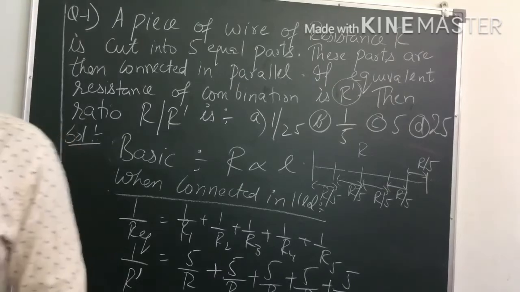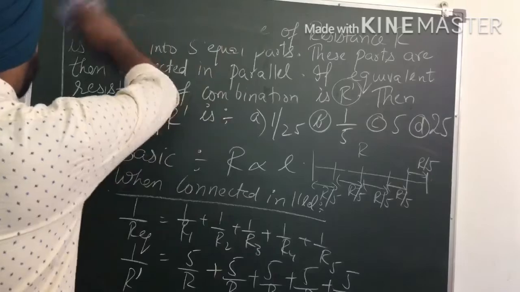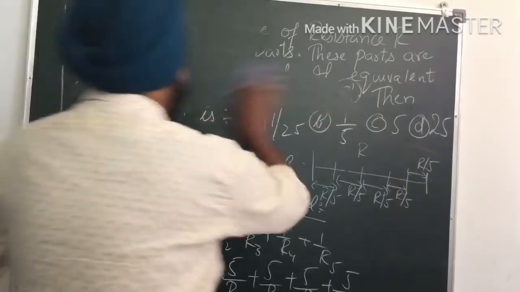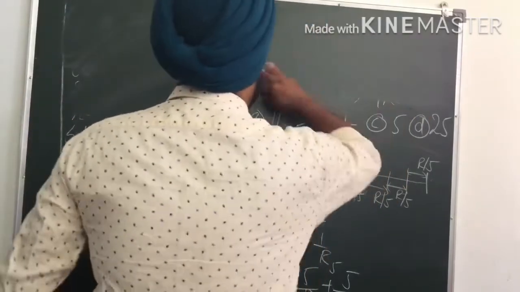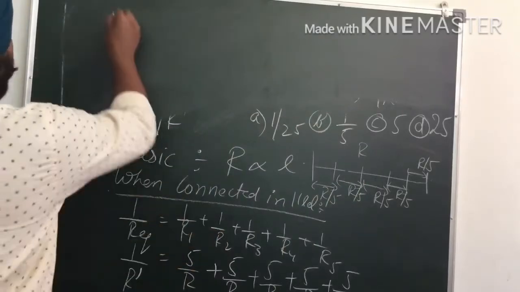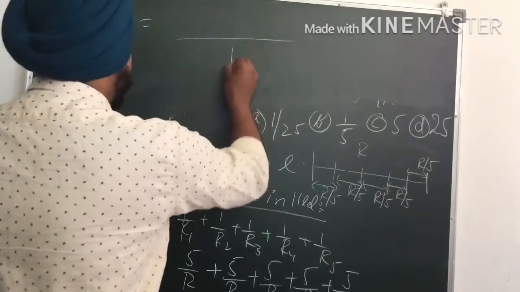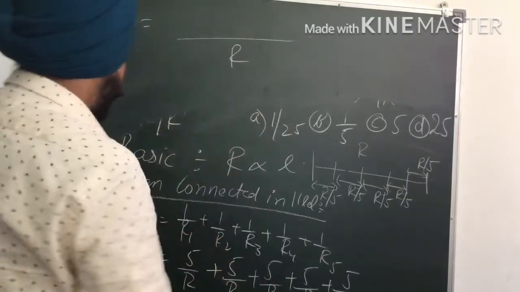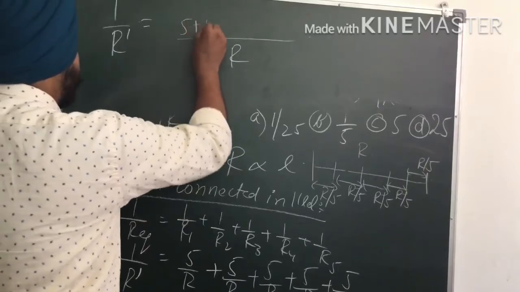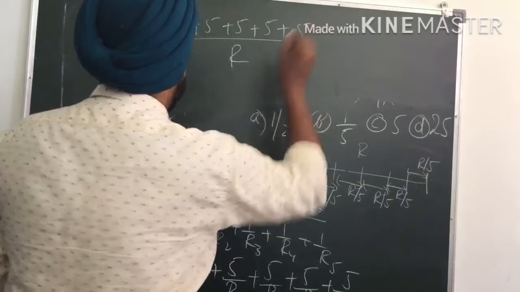Now what we need to do is calculate this value of R dash. Now from here we can write 1 by R dash is equal to, R is the LCM, 5 plus 5 plus 5 plus 5 plus 5.